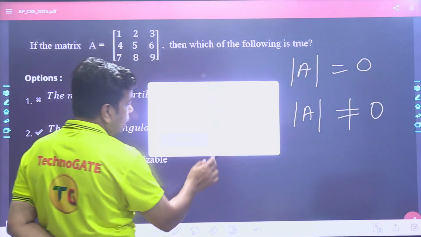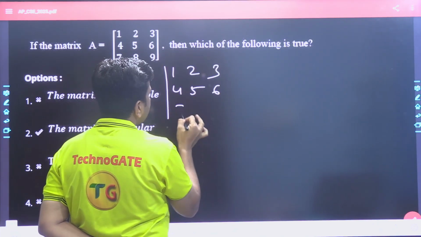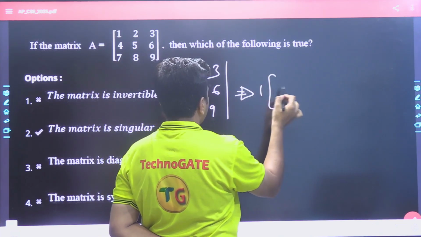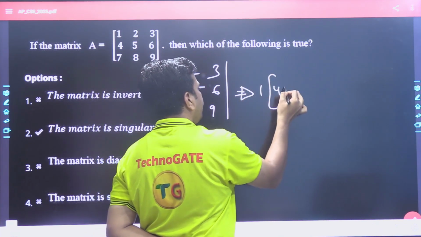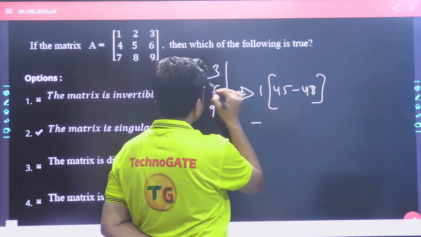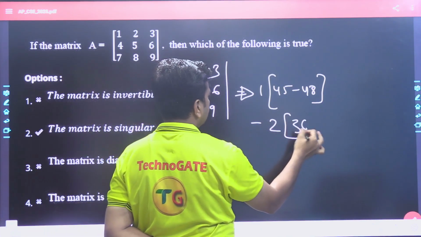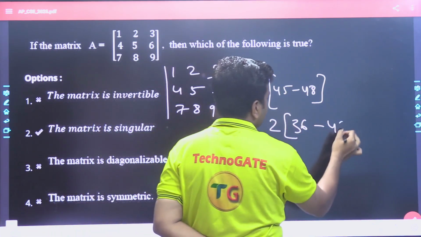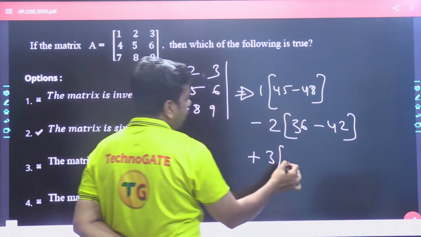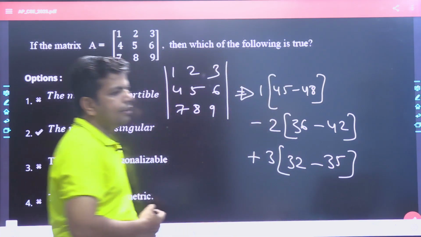So let's see, what is the determinant of this matrix: 1, 2, 3, 4, 5, 6, 7, 8, 9. When we compute the determinant, 1 times (5 into 9, 45, minus 6 into 8, 40), minus 2 times (4 into 9, 36, minus 42), plus 3 times (4 into 8, minus 35), and so on.